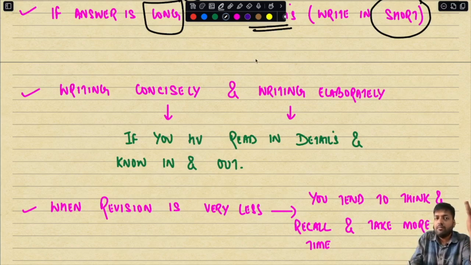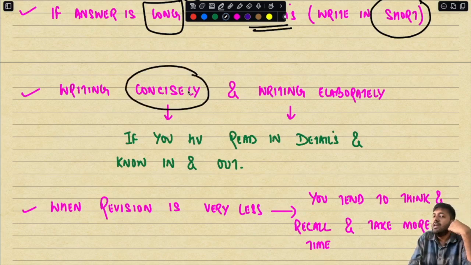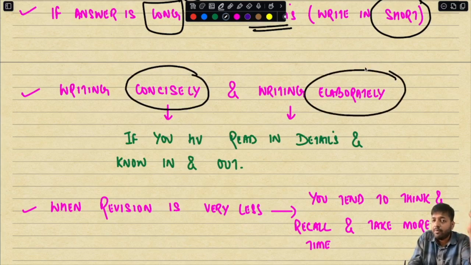In the exam, you can have both situations. One is you have a very long answer and you have to write concisely, and sometimes the question is actually very short but it is of more marks and you have a lot of time, so you have to write elaborately. For both conditions, to write concisely and to write elaborately, you need to have a lot of knowledge and you must have revised that topic many times.